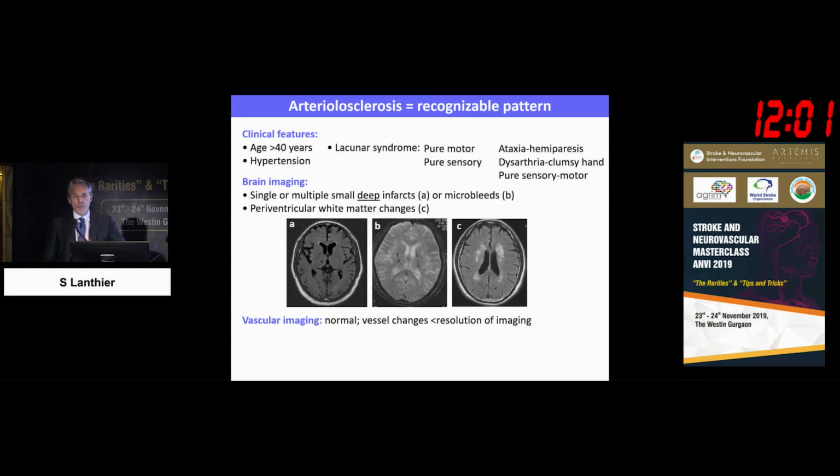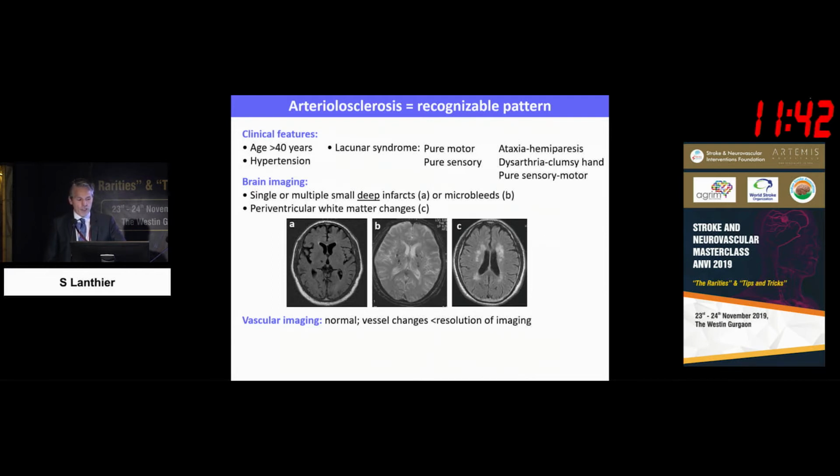Arteriolosclerosis occurs mainly in patients aged above 40 years with hypertension and presenting with one of the 5 lacunar syndromes, the most common being pure motor, pure sensory, sensorimotor, ataxic hemiparesis, or dysarthria-clumsy hand.